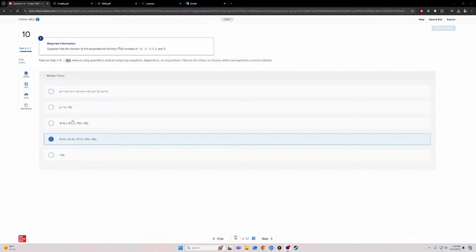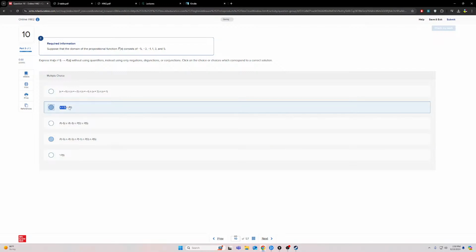X equal to 1 or P is 1. I feel like this is the case here.